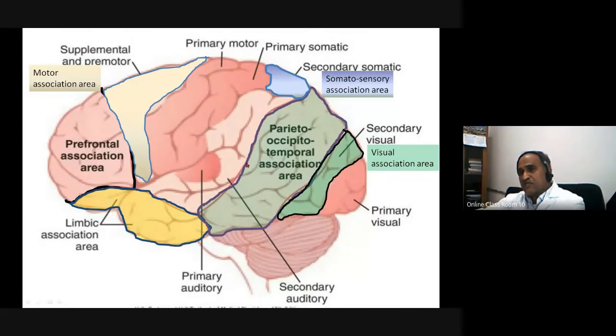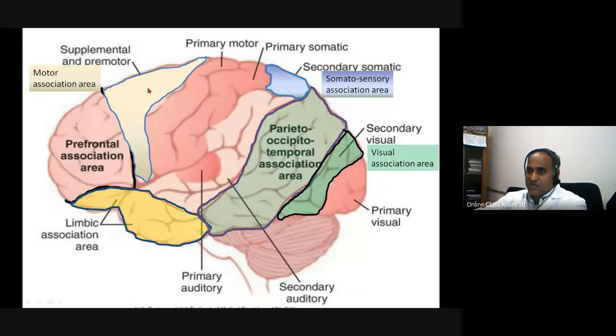Here in this association area, we have the sensory speech area, what is called Wernicke's area, somewhere here. You just see that this is a primary auditory area. This is the sensory area. This is the central sulcus, and this is the motor area. And this slightly pale yellow part is the supplementary premotor area.